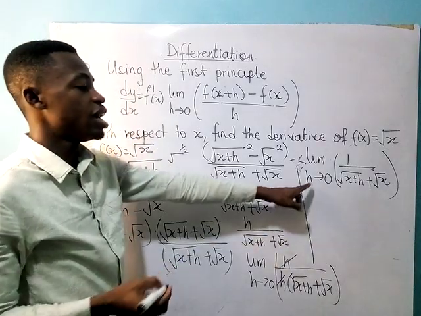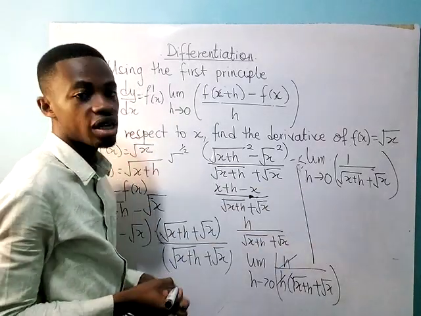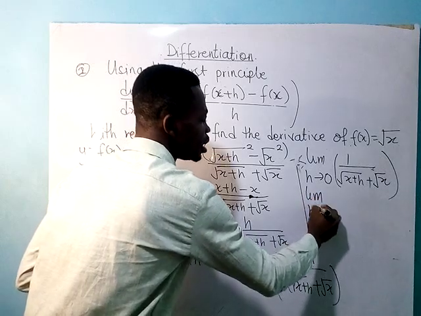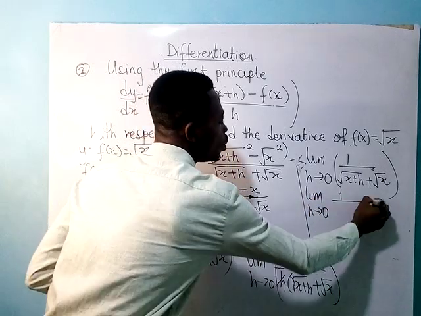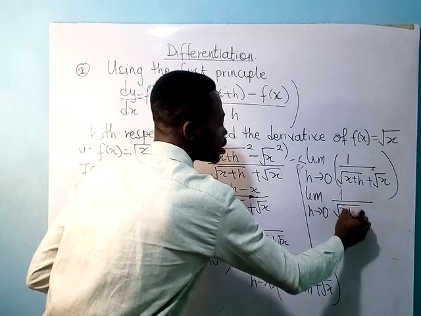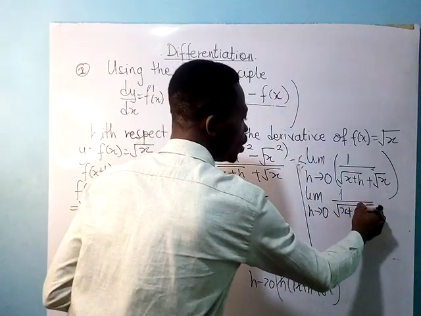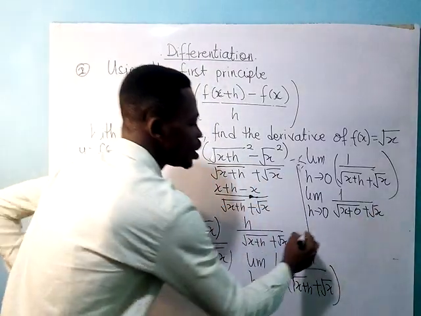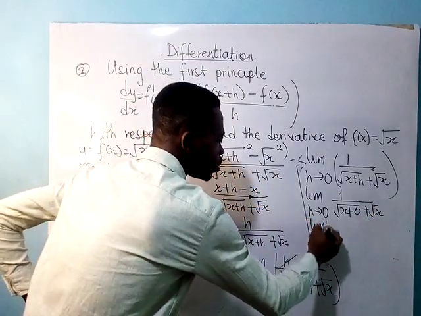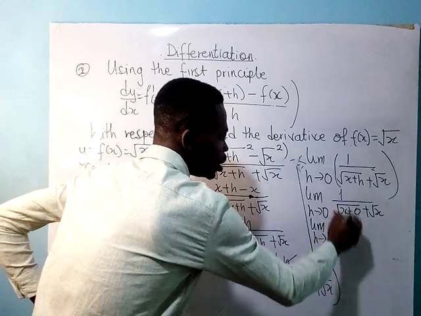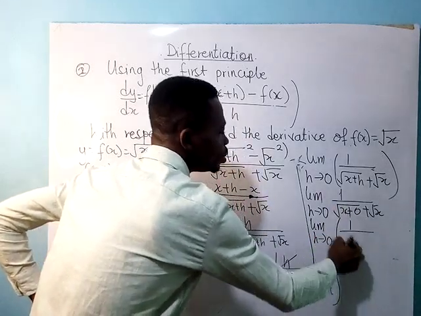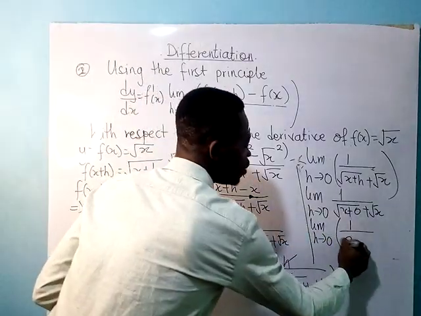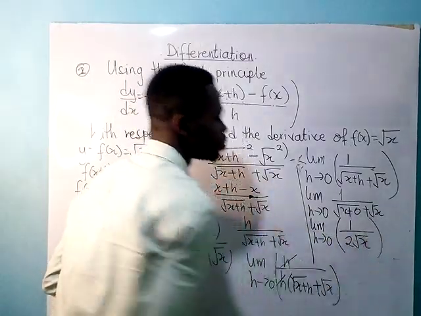But remember, h is approaching 0, so we are going to have the limit as h approaches 0 of 1 over square root of x plus 0 plus square root of x. And this is going to give us 1 over square root of x plus square root of x, which gives us 2 roots of x.